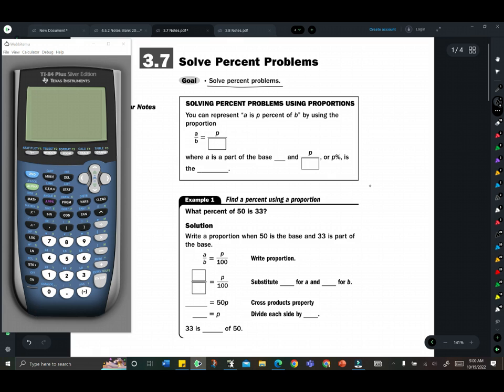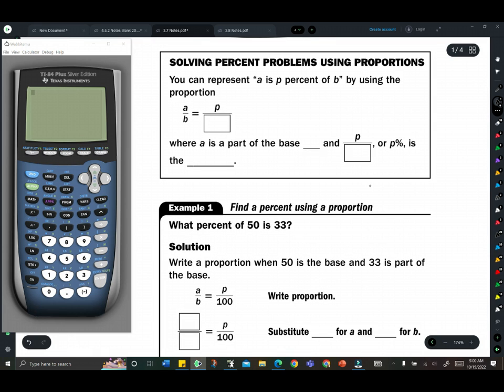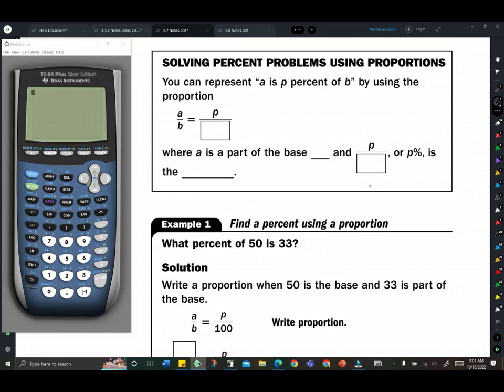We have a few formulas to go through for solving percent problems using proportions. This can be helpful if you're buying something and you want to know what percent off an item is. You can represent A as P percent of B by using the proportion A over B equals P over 100.